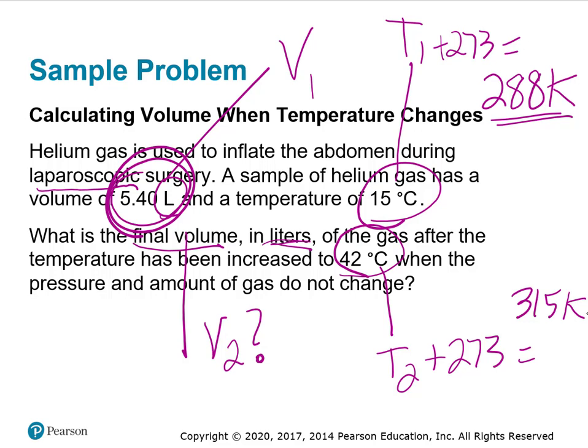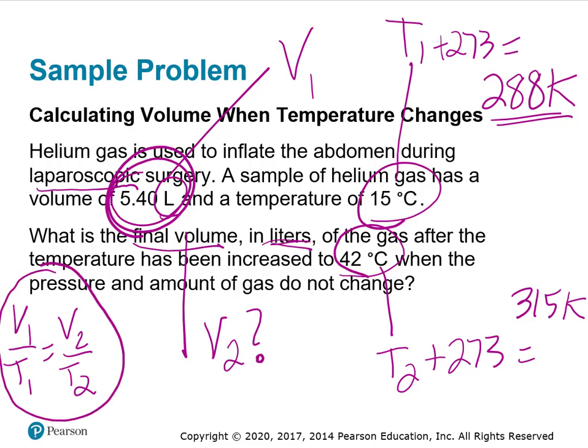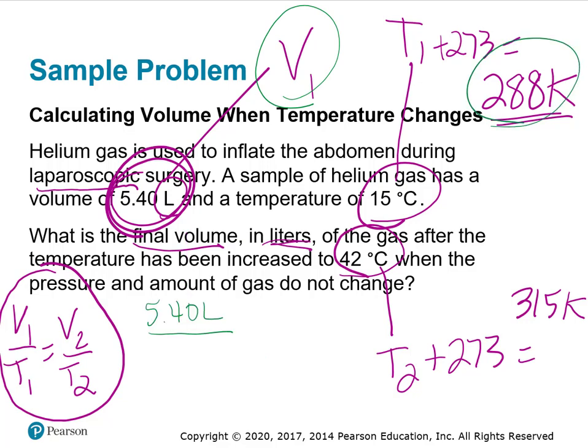Now we just need to plug in all of the known variables. We have our equation that V1 over T1 equals V2 over T2. Let's plug in what we know. We know V1 is 5.40 liters over T1, which is 288 Kelvin, equals V2 as our question mark, and our T2 is 315 Kelvin.